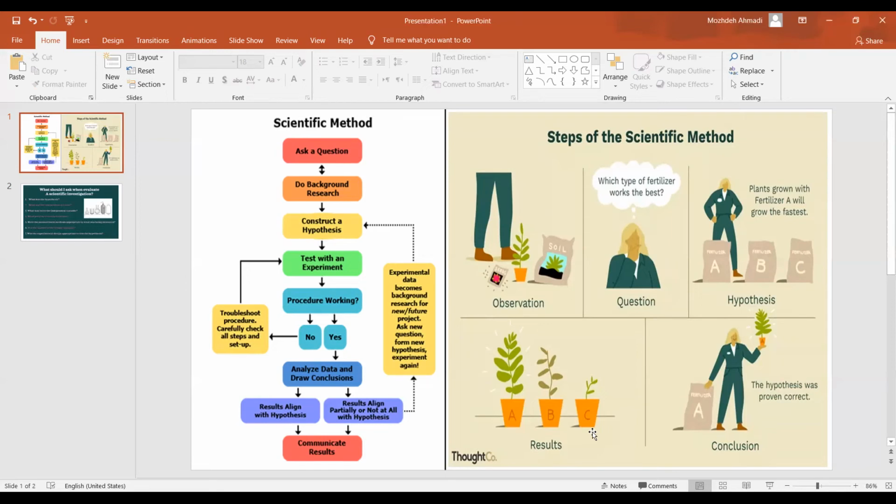For all of them should be exactly the same. For example, 1 hour for A, 1 hour for B, and 1 hour for C. If you change the duration, pay attention that you make another independent variable that can affect your result.